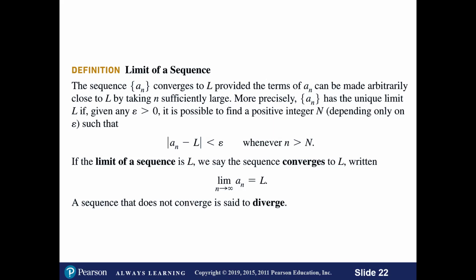I can find a term in the sequence far enough along such that past that, the absolute value of a sub n minus L is less than that tiny number. And we say that the limit of the sequence is L. The sequence converges to L. And we can write that as the limit as n goes to infinity of a sub n equals L. A sequence that does not converge is said to diverge.